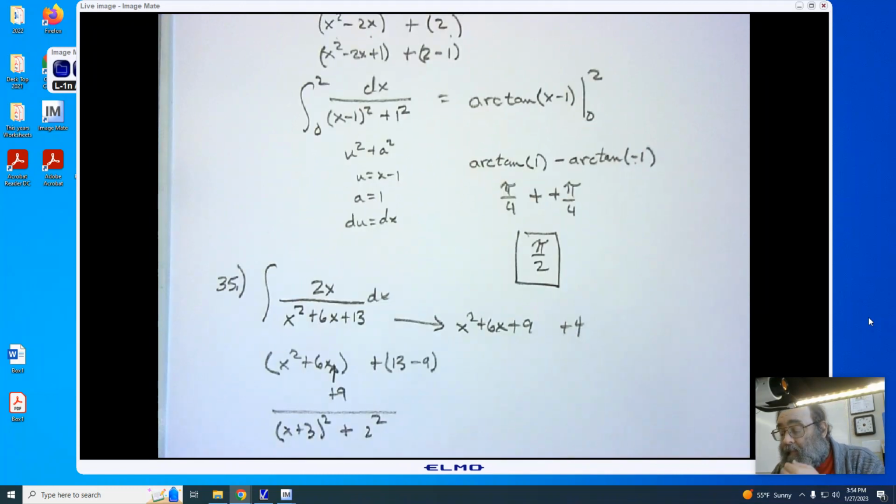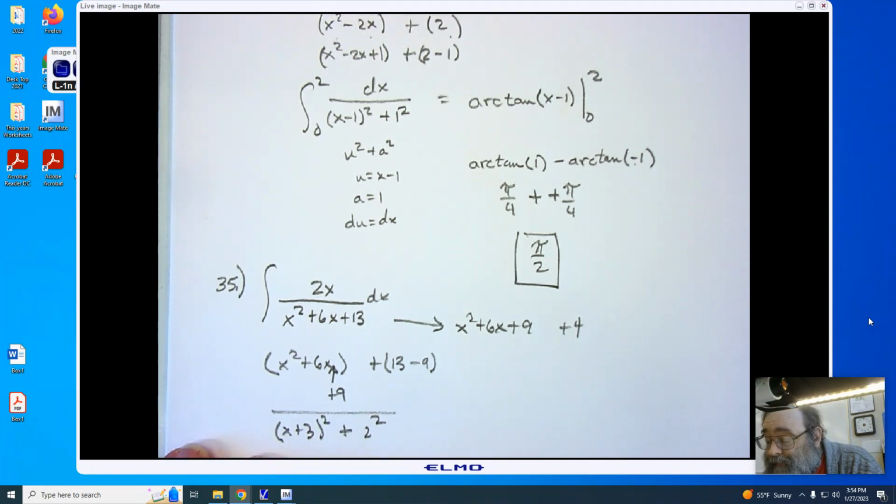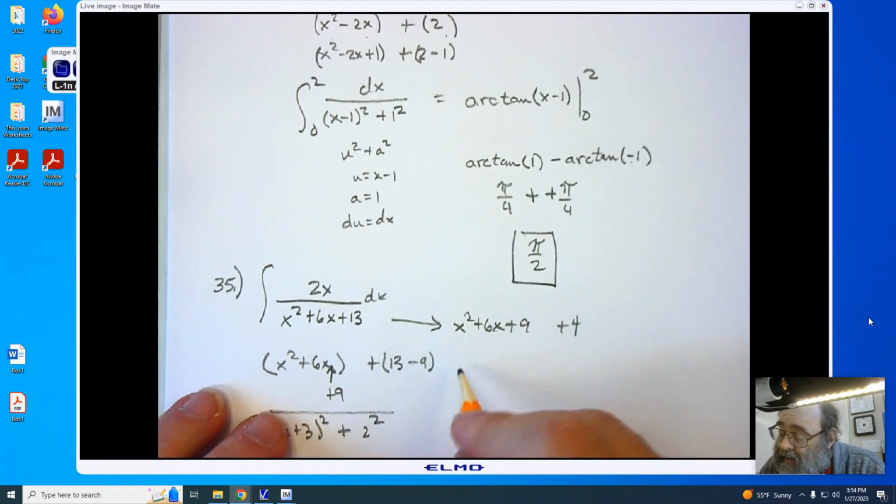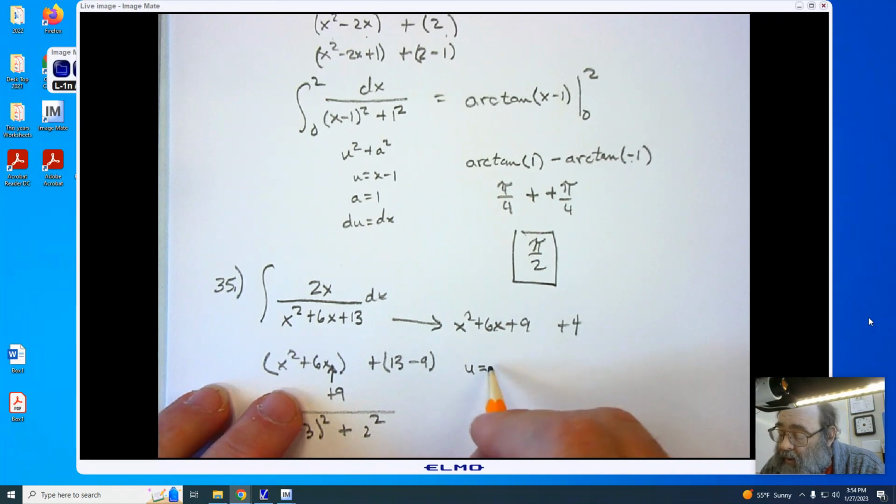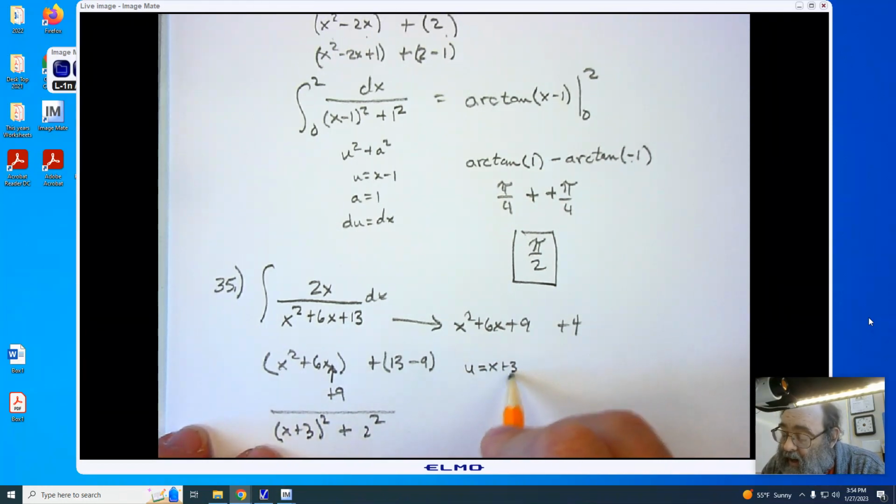Once again, as I look at this, I notice that this is not going to help me. Notice how I have a 2x on top? This is fine and dandy, but if you look at what I did, my u is going to be the x plus 3 here, which means that du is equal to dx.